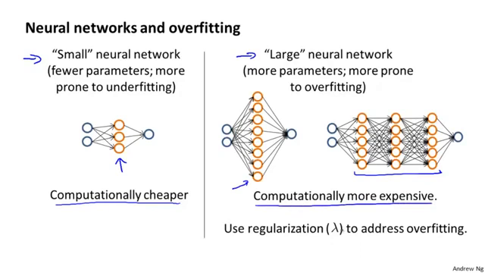The main potential problem of these much larger neural networks is that they could be more prone to overfitting. And it turns out that if you're applying a neural network, very often using a larger neural network, often it's actually the larger the better, but if it's overfitting, you can then use regularization to address overfitting. And usually using a larger neural network but using regularization to address overfitting is often more effective than using a smaller neural network. And the main possible disadvantage is that it can be more computationally expensive.